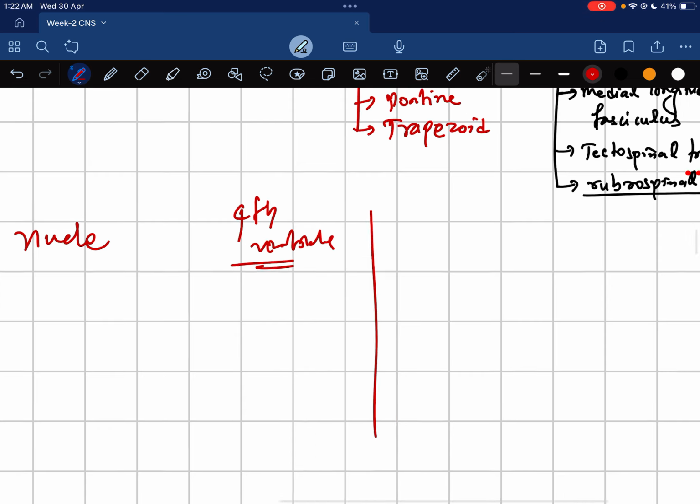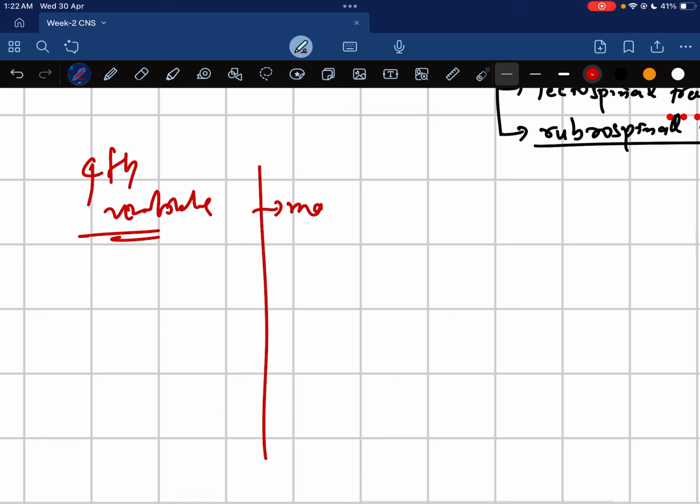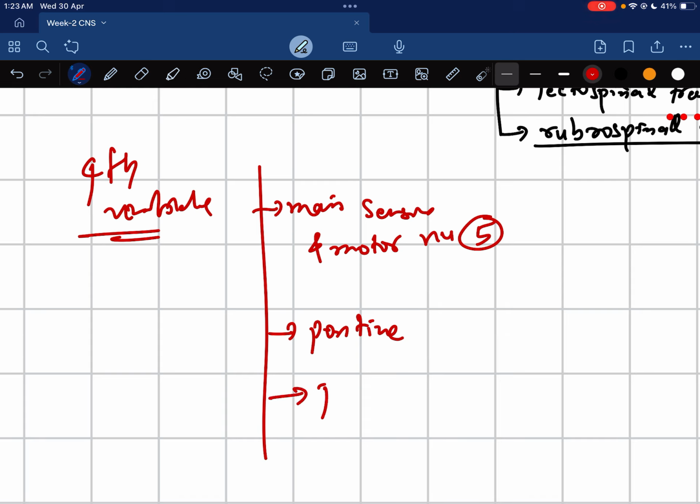Moving to the nuclei, there is the main sensory nucleus and the motor nucleus for cranial nerve 5. Then there are the pontine and trapezoid nuclei.